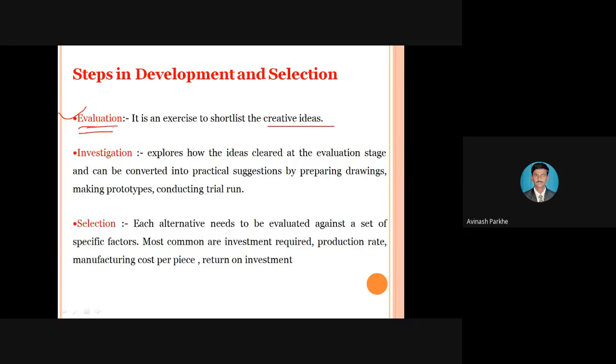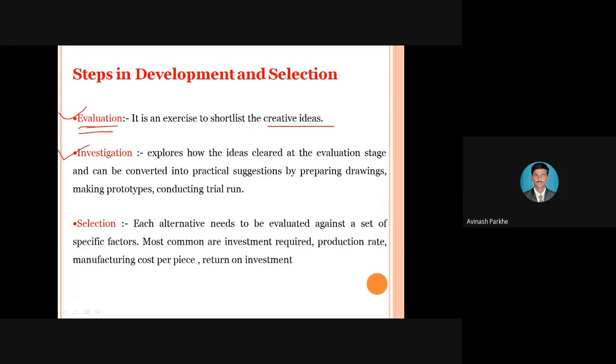Evaluation means from whatever number of ideas are available with you, we have to select the best ideas to implement for the further process.